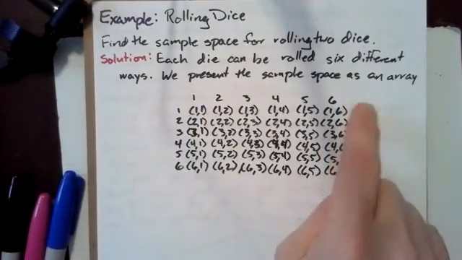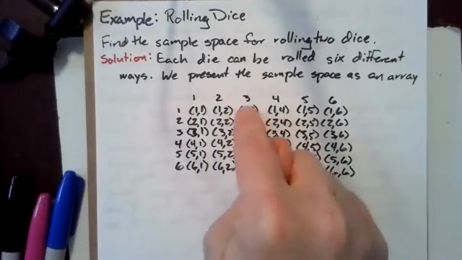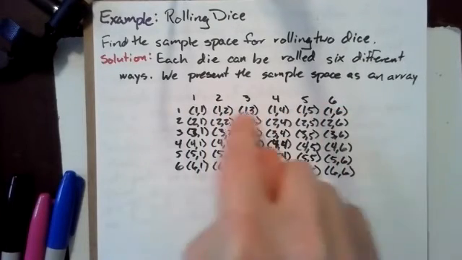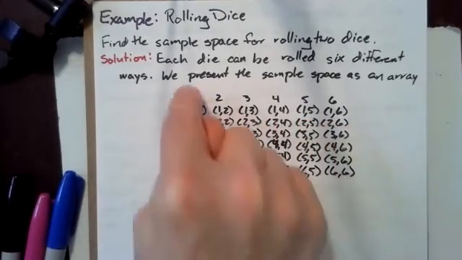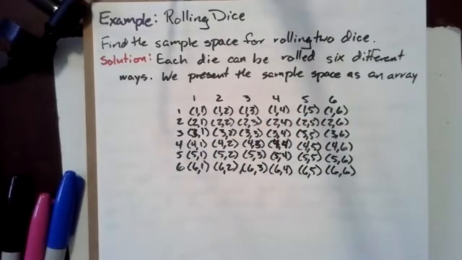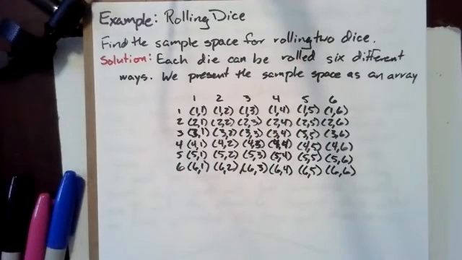And then we just set up an ordered pair for every possible pair. 1,1; 1,2; 1,3; 1,4; 1,5; 1,6; 2,1; 2,2; 2,3; 2,4; 2,5; 2,6; and so on. The columns and rows have the same pairs, but since they're ordered pairs, the order matters.